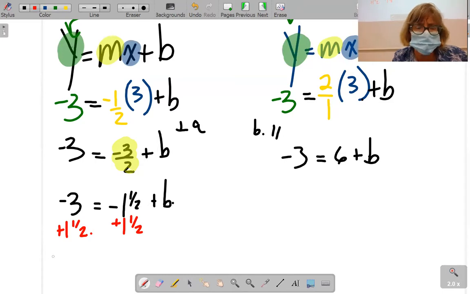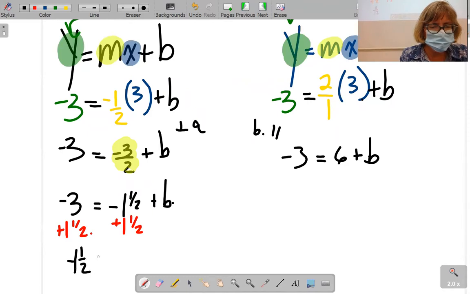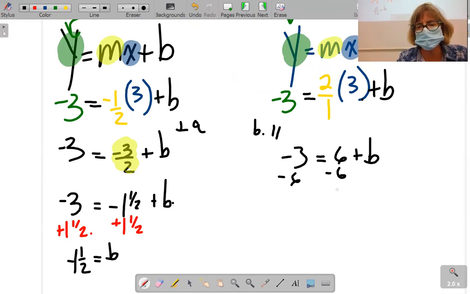If you have $3 and you take away $1.50, you're going to end up with $1.50. And so this is going to be -1.5 equals b. Over here, it's a whole number, which most of you like a little bit better.